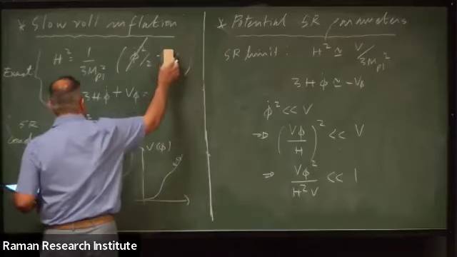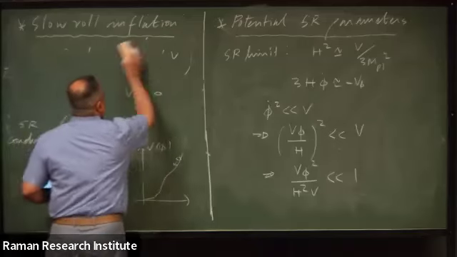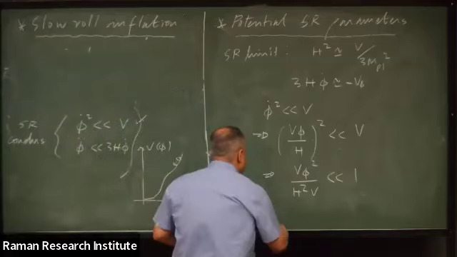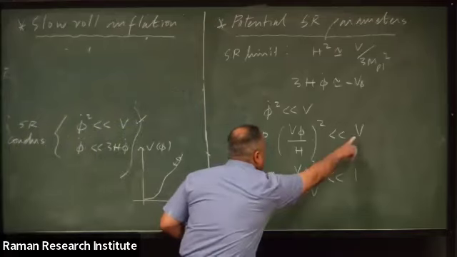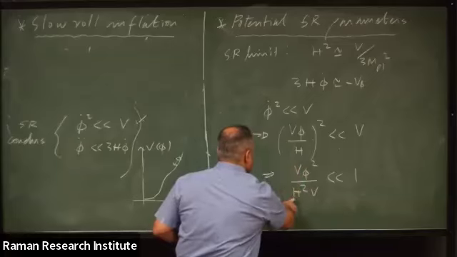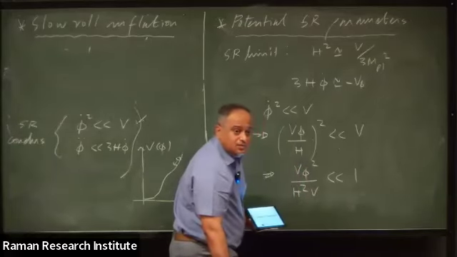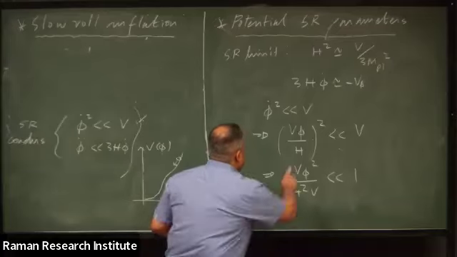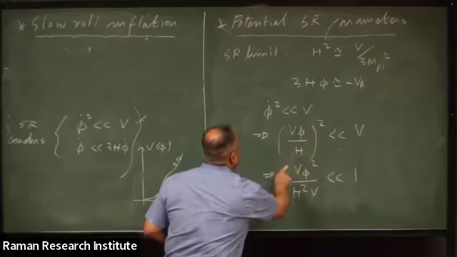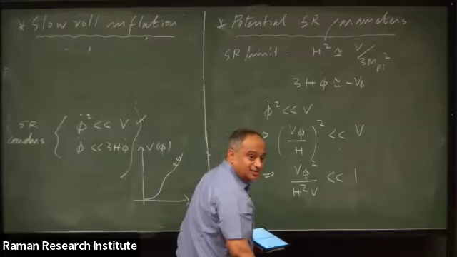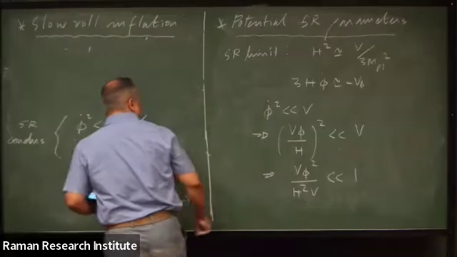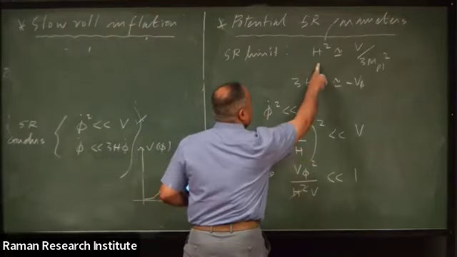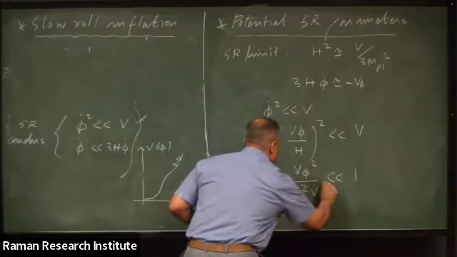Let me rewrite this here. So V subscript phi squared by H whole squared, V. Now H squared is V by MPL squared.